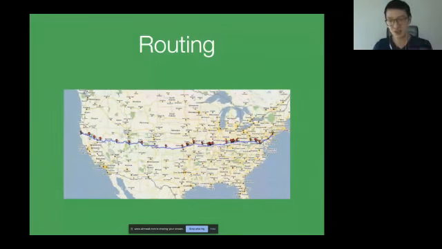Of course, this is not the real map we route on. This is the US, but I just want to highlight it to give you a sense of the level of complexity. The graph data is totally different.